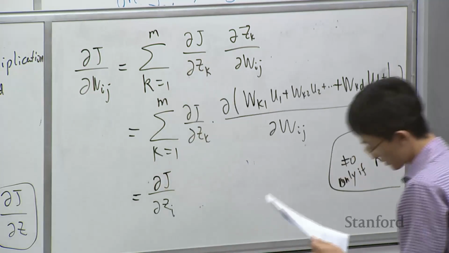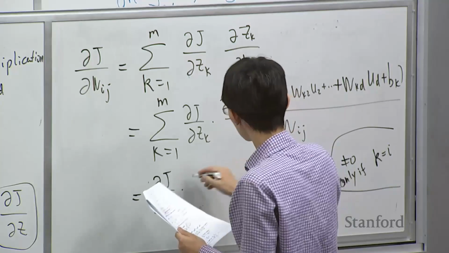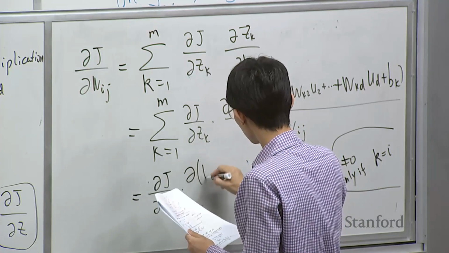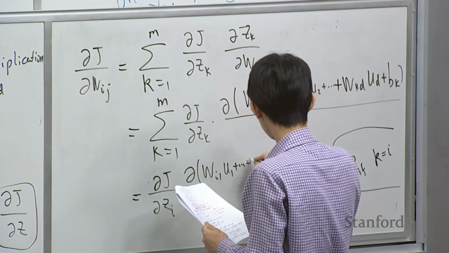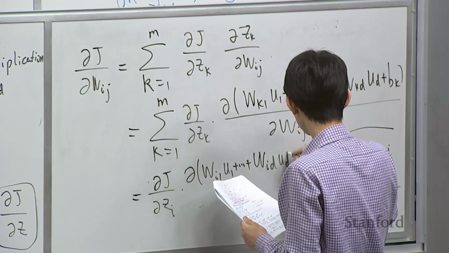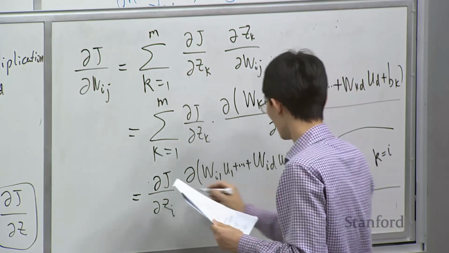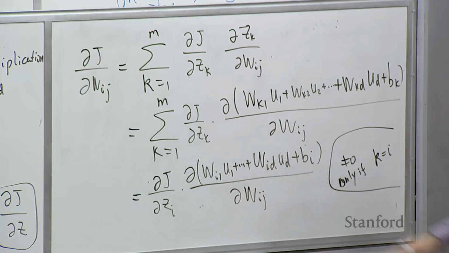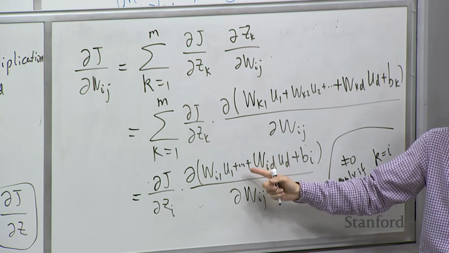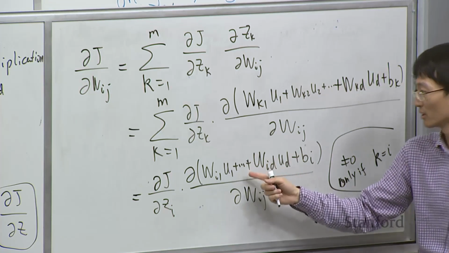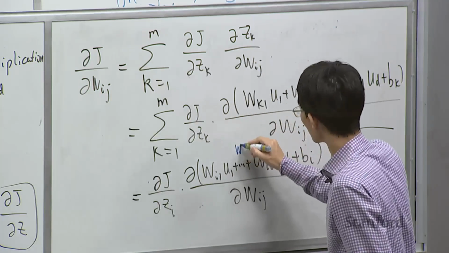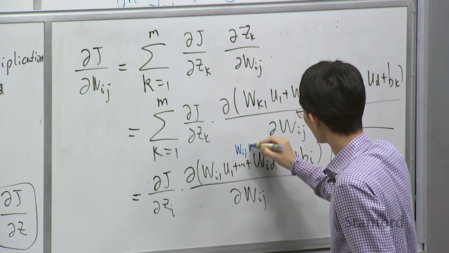So I'll just do it slowly. This is just the derivative of w_i1 times u_1, plus up to w_id times u_d, plus b_i, with respect to w_ij. Okay, so w_ij only shows up once here, linearly. It shows up somewhere in the middle, in a term that looks like w_ij times u_j.